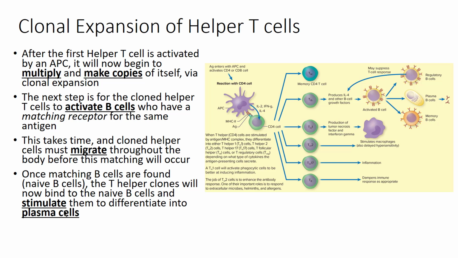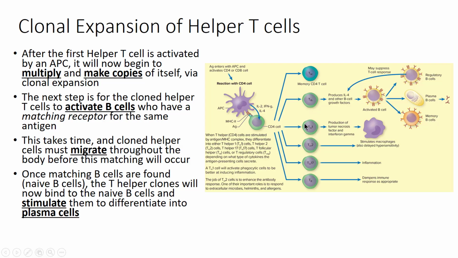A lot of that time delay is explained by the process by which the antigen presenting cell has to take the antigen to the T helper cell, called the CD4 cell. That cell now clones itself, making copies of different variations of helper T cells initially.